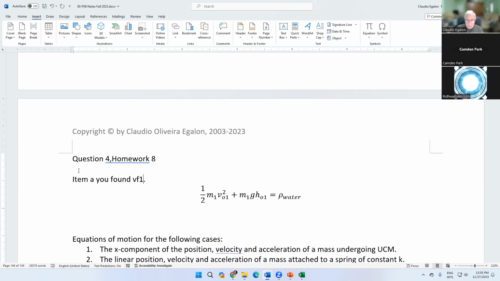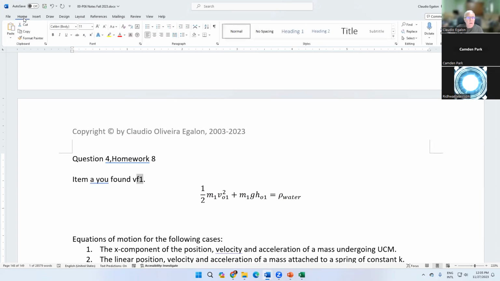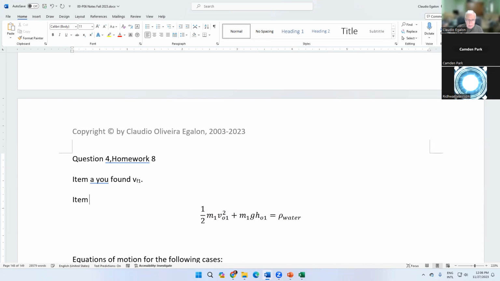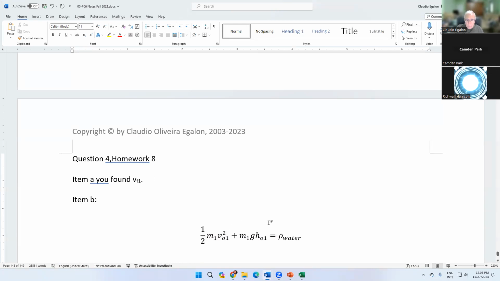Now, for the elastic collision, item B, you have to do conservation of momentum. It's one dimensional: m1 V final 1 plus m2 V final 2, equal to m1.